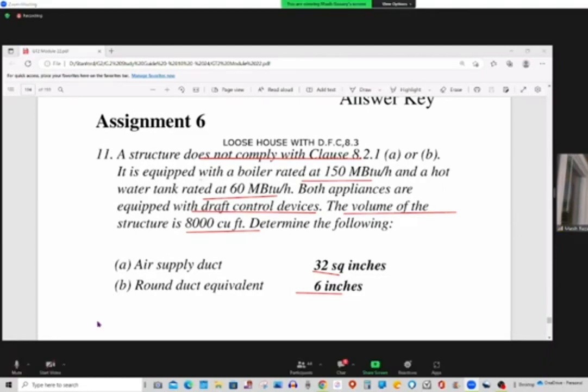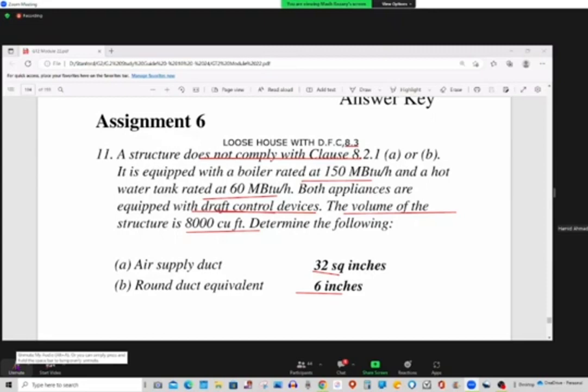Thank you, Mr. Jen. But I'm going to repeat this one for you, and you're going to be the next one. Mr. Hamad Ahmadi, look at this. It doesn't comply with class number 8.2.1. What does it mean? It means a loose house. In a loose house, which table do we go to? 8.3 and 8.4. But here it said draft control, so with the draft control we go to table 8.3. On table 8.3, you add them, 150 plus 60, how much? 210.